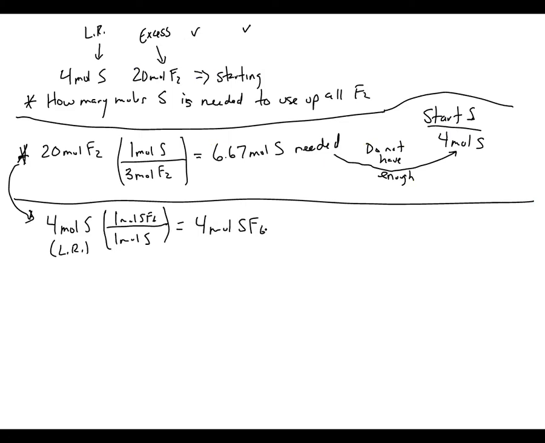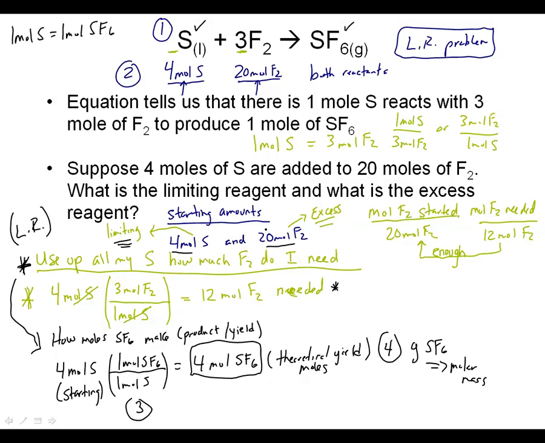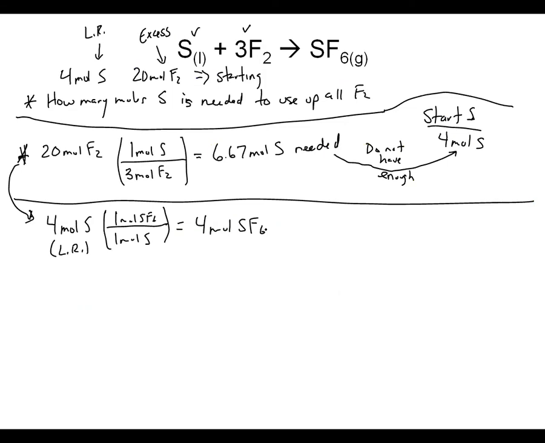So the important part is, once you figure out the limiting reagent, that you use the limiting reagent to figure out how much product you make. Again, it doesn't matter which reactant you choose to do the calculation about using up one versus the other. They both will give you the same answer, not the same answer in terms of numbers, but the same answer in terms of which one's the limiting reagent and which one's the excess reagent.